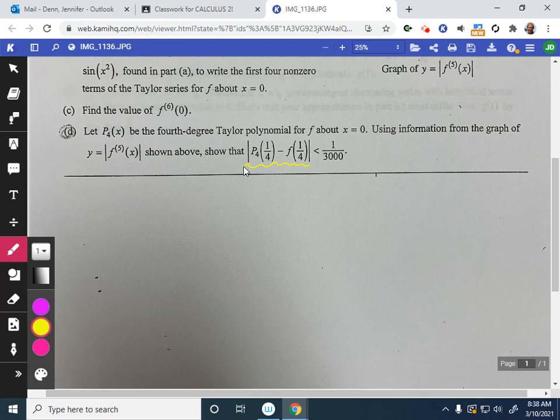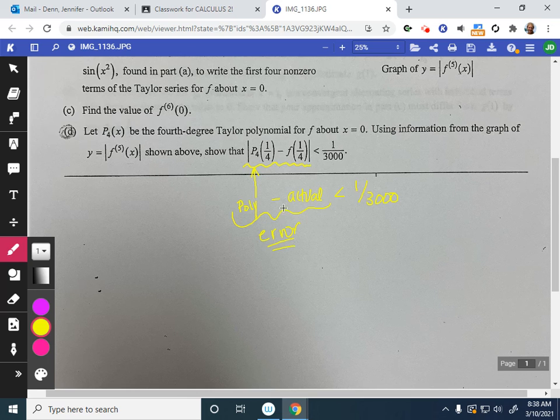The reason why is they're saying, show that the difference between this piece of 4, that means the 4th degree polynomial. So they're saying, show me that the difference between my polynomial and the actual value is less than 1 over 3,000. Well, that is error.